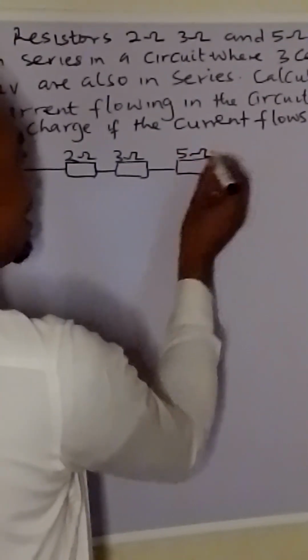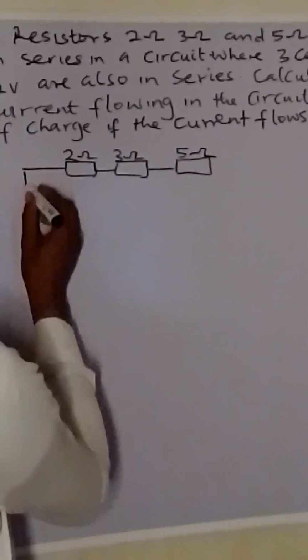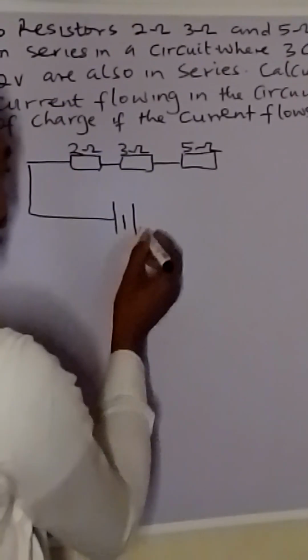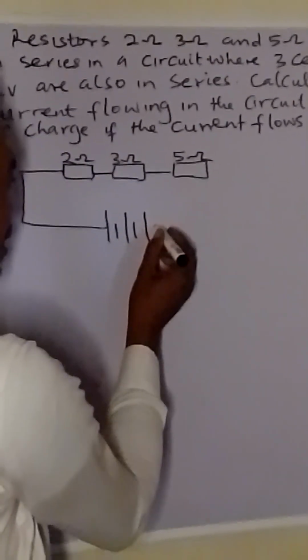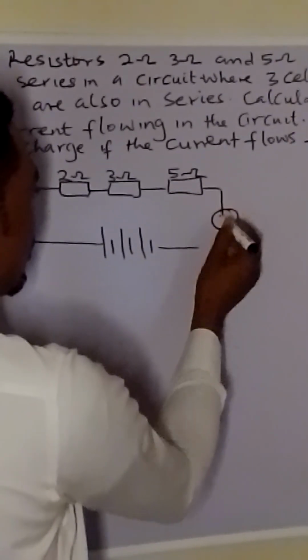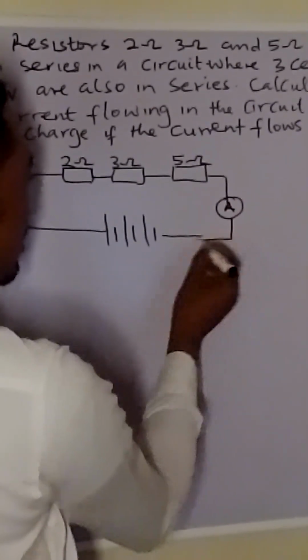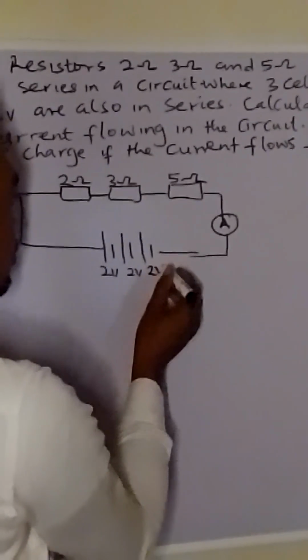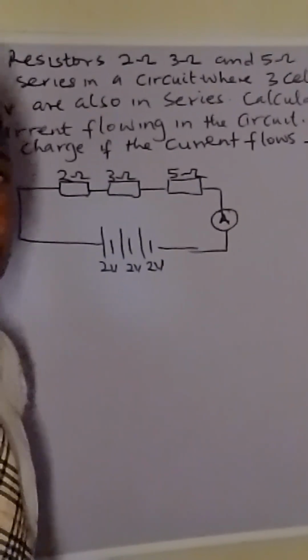Like I said, this is series connection. And then 3 cells, each of 2 volts. Okay. 2 volts, 2 volts, 2 volts. That is how the circuit looks.